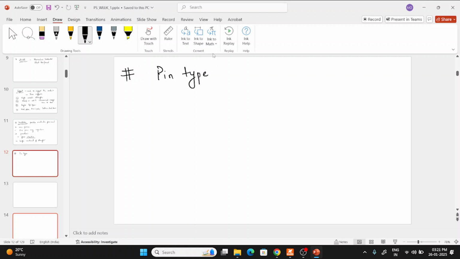Now, what is the pin type insulator? It is just in the shape of a pin. Basically, this is a pin type insulator.